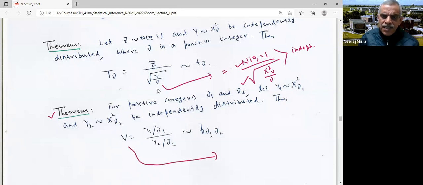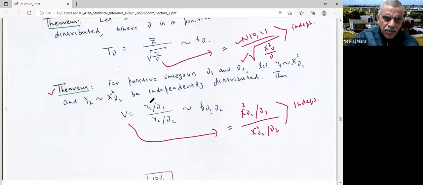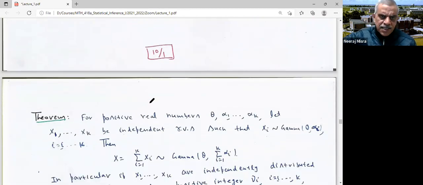So in other words, your F distribution is nothing but chi-square nu1 by nu1 divided by chi-square nu2 by nu2, and I require that they are independent. These all results you have done at your bachelor's level or the first course in probability and statistics.